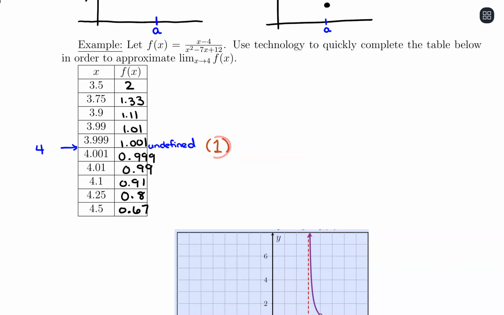Our output is 1 in between those two values, where our function itself is undefined, but approaching from both sides, what we can see is I would write this as the limit as X approaches 4 of our function f of X is equal to, and that limit would be equal to 1. So it's the Y value that's, in this case, missing from our function, what we're approaching from both sides.